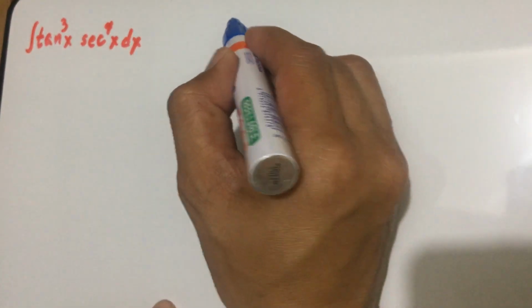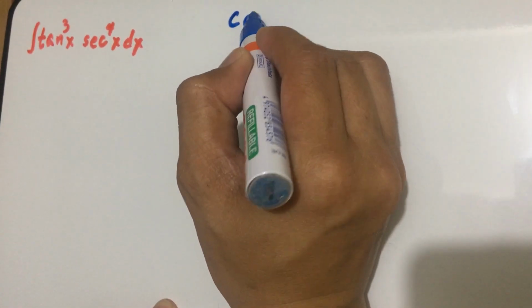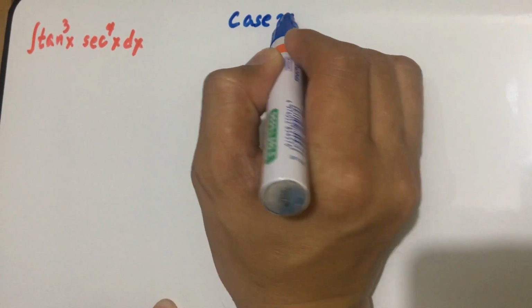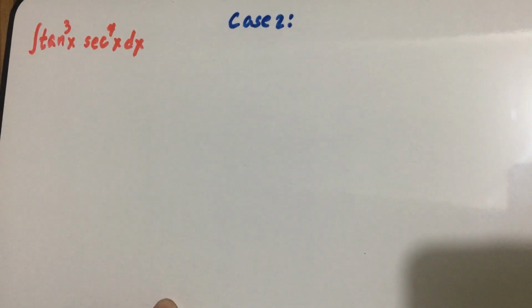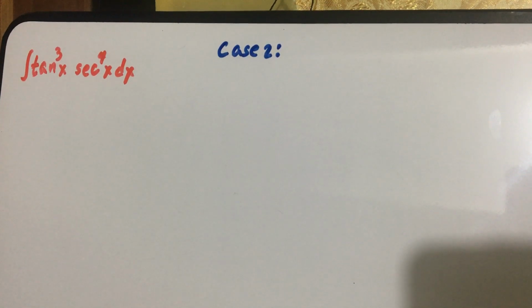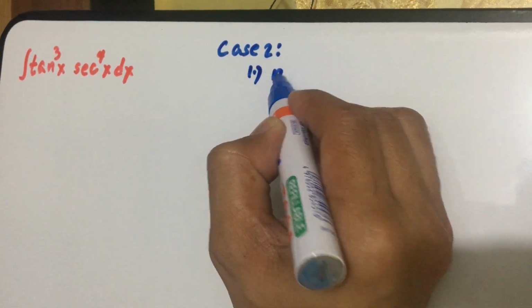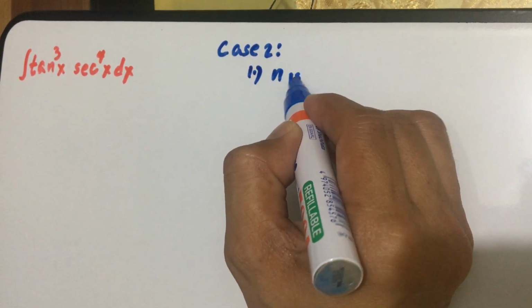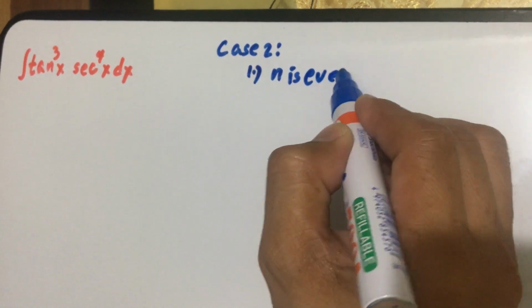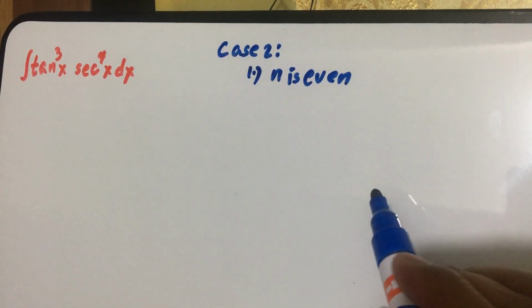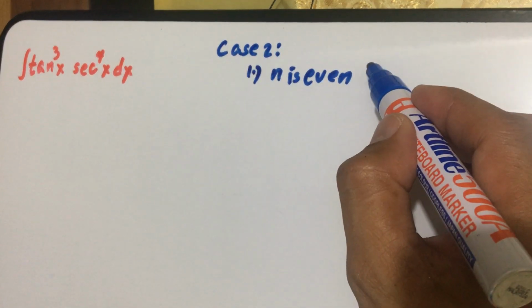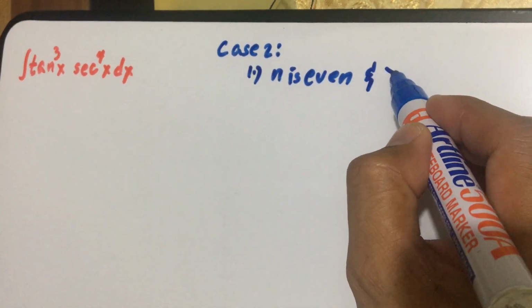As mentioned, we are now in case 2. So what is case 2? Case 2 is when n is even and greater than 2.